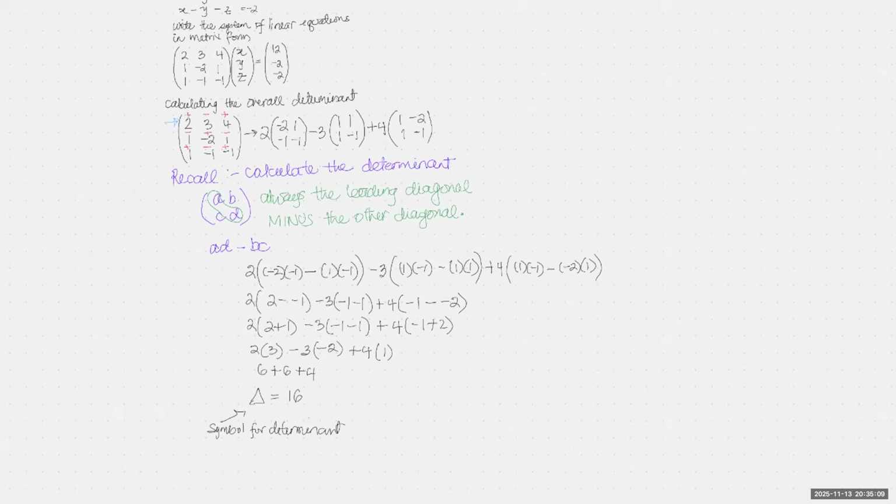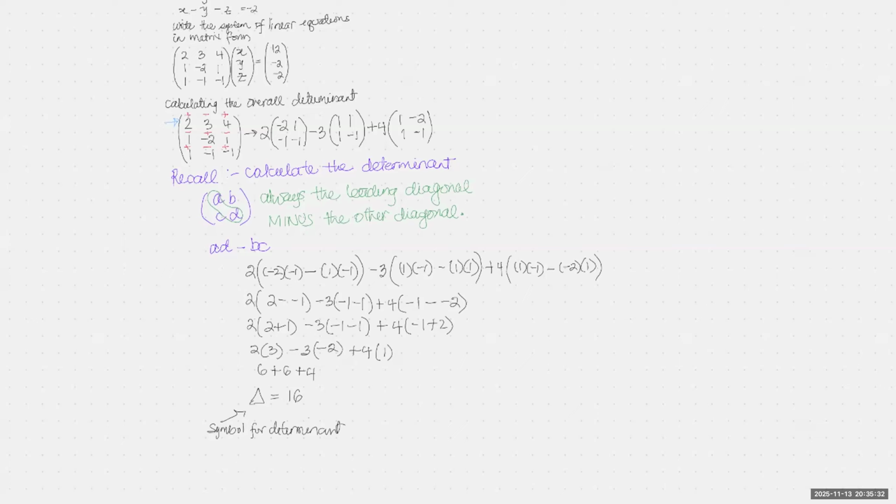So it's 4 sets of determinants. When you calculate all of those, you're going to use the overall determinant to find the values of x, y, and z, because that's exactly what you're trying to do.